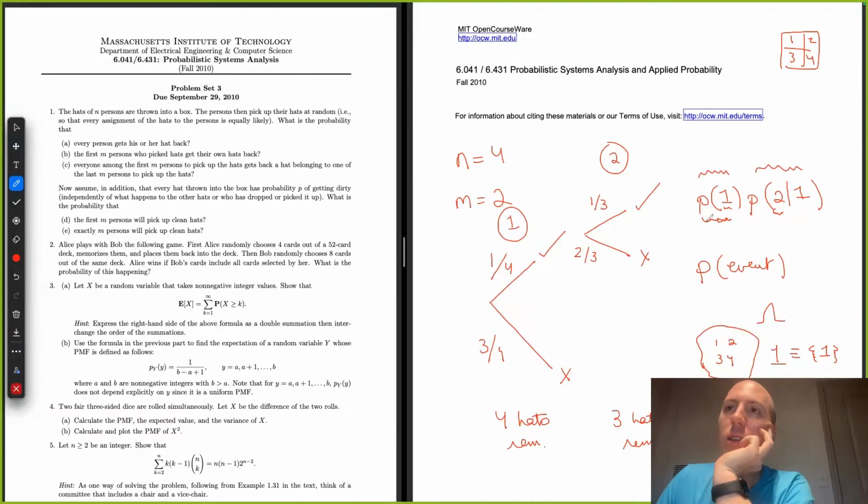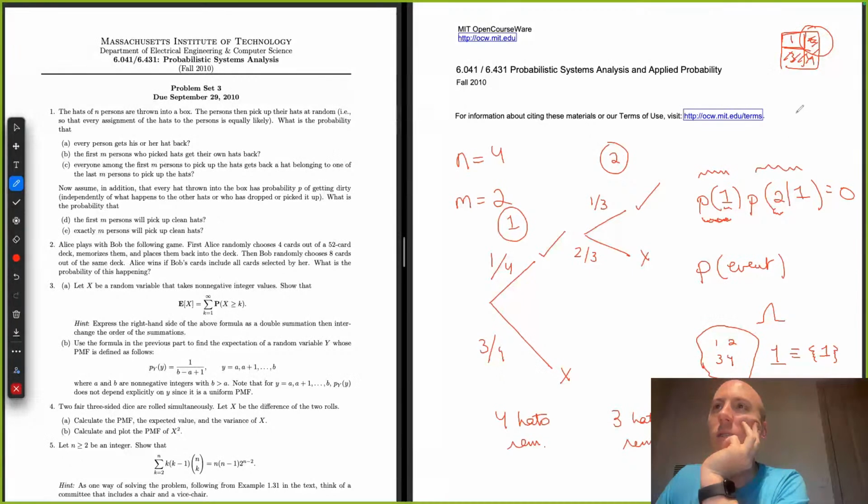So what's the probability of 2 given 1? You would think that 1 happened, so none of the other stuff happens. We're in this universe and we ask what's the probability of 2 happening, and it's obviously 0 because 1 happened and there's no way 2 can happen.